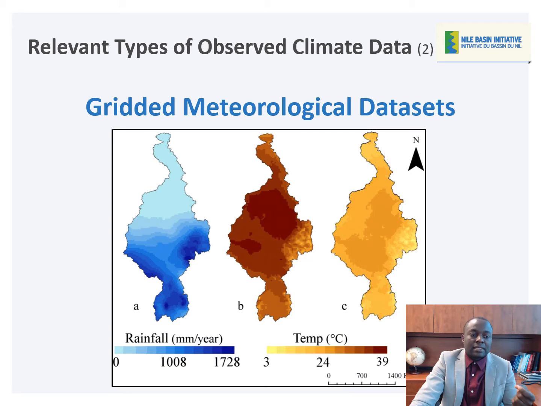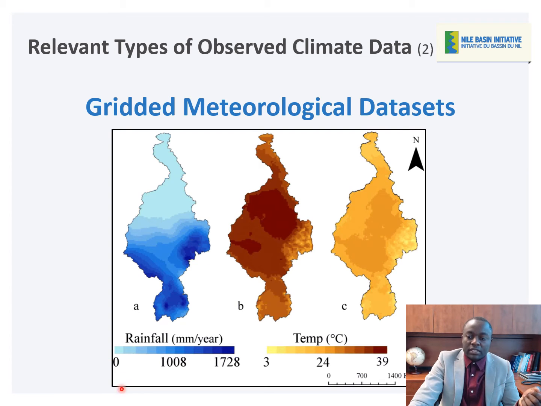These are data sets interpolated based on station observations, arranged on a regular grid. You can see on the figure there, they are arranged on a regular grid from local to regional and global scales. This is a regional grid for the Nile Basin, an interpolated gridded data set.